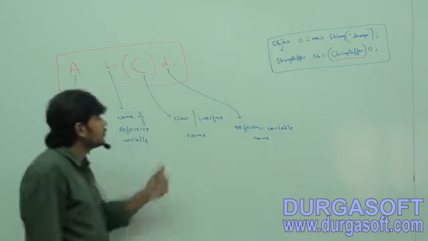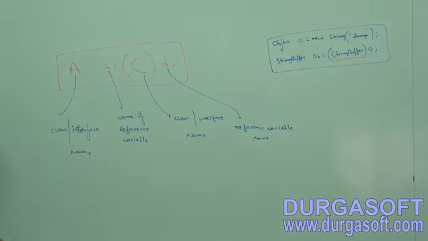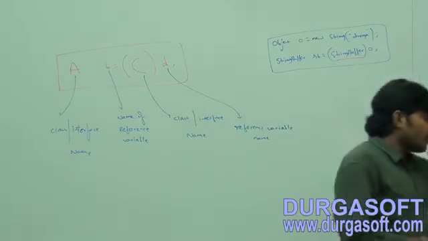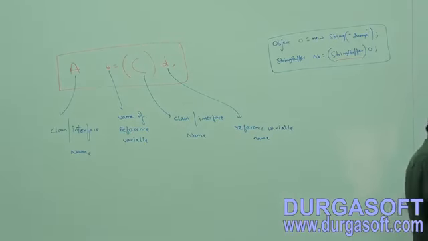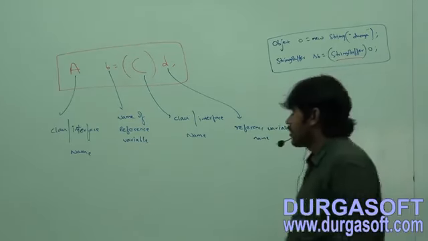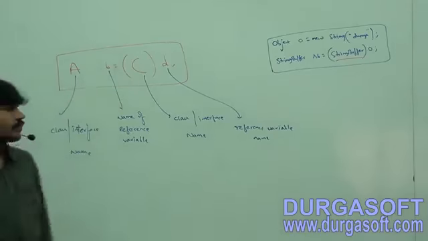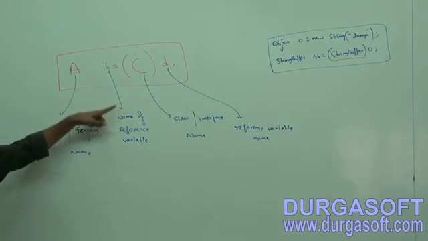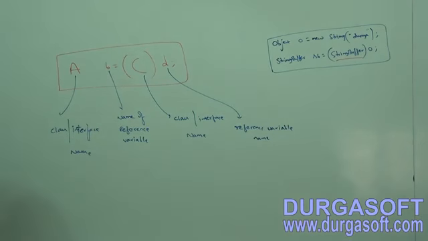First, take the syntax: A, B, C, D. A is a class or interface name. B is the name of a reference variable. C is a class or interface name.